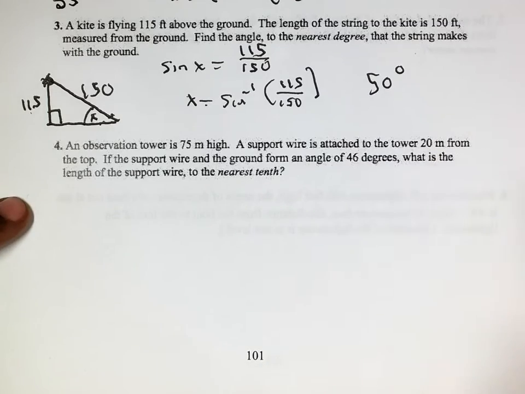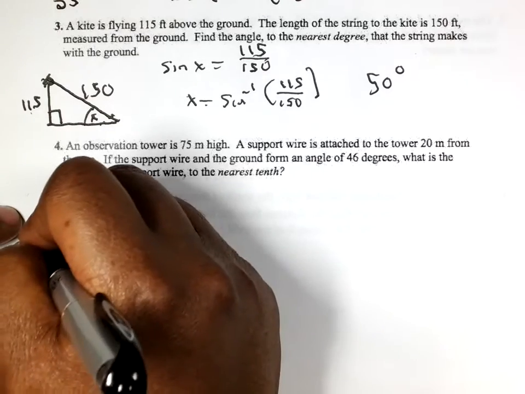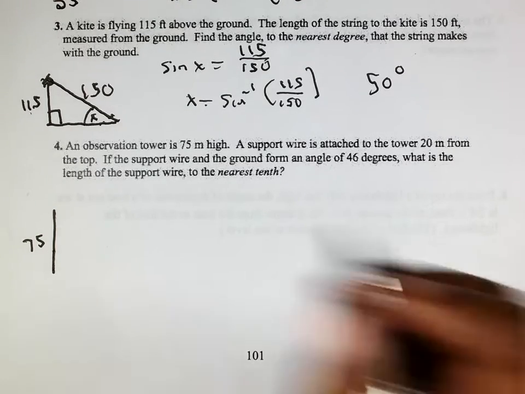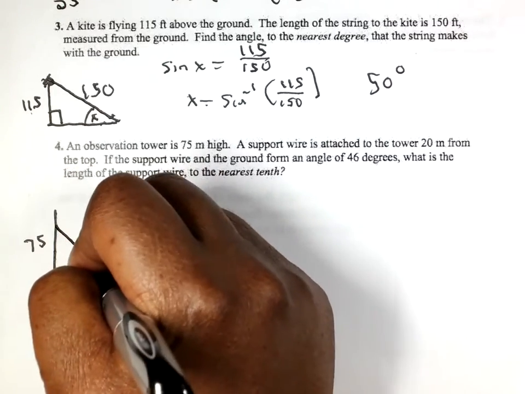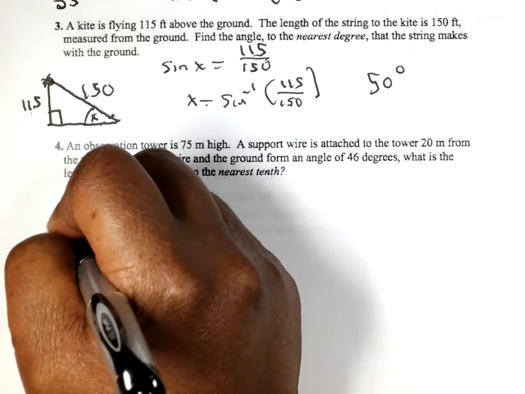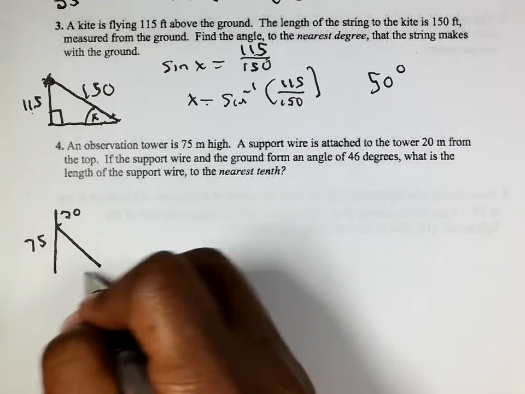We have an observation tower 75 meters high. A support wire is attached to the tower 20 meters from the top. So this distance here is 20. The support wire and the ground form an angle 46 degrees.